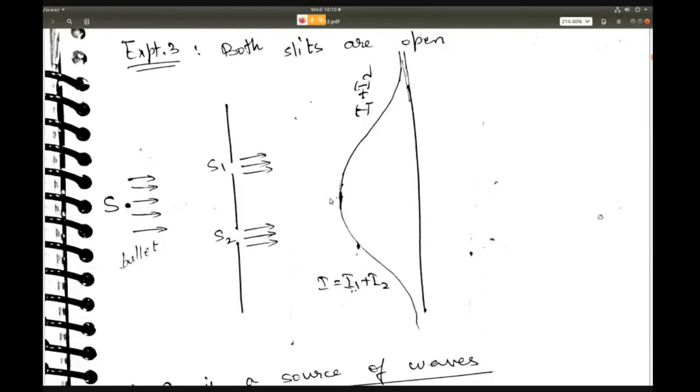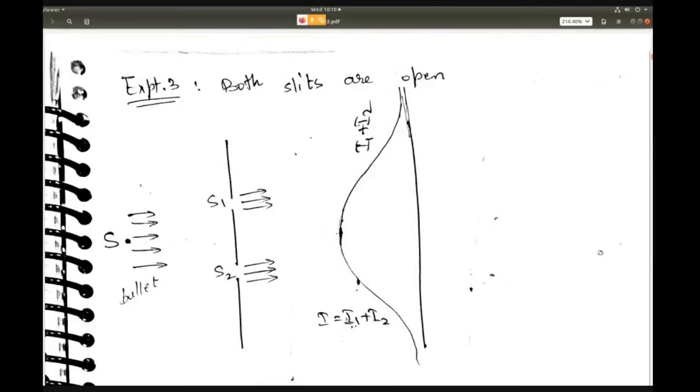Obviously, this area sees bullets from both S1 and S2, whereas one area sees most of the bullets coming only from S2, and the other sees most of the bullets coming only from S1. So of course the intensity here is maximum. The intensity here is the combination of the two intensities: I equals I1 plus I2.